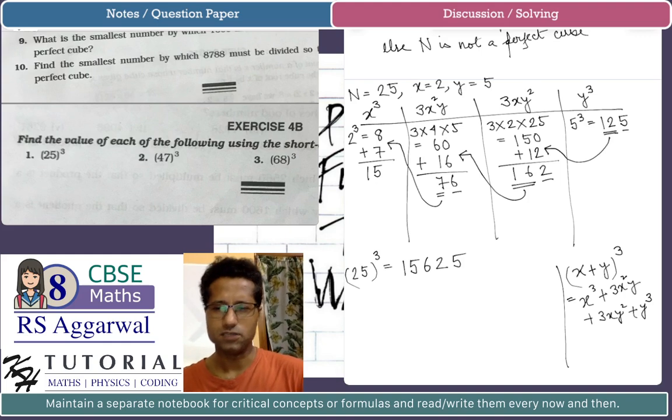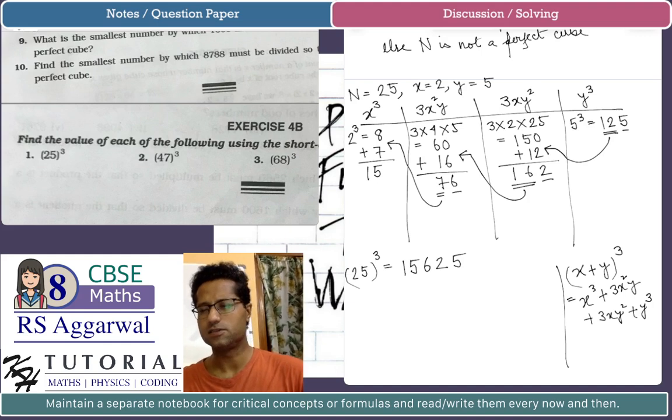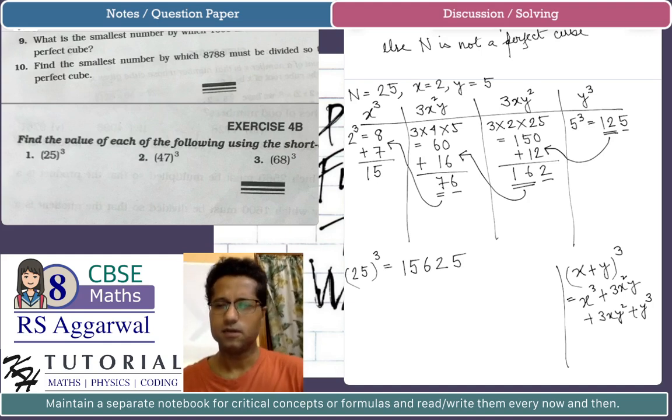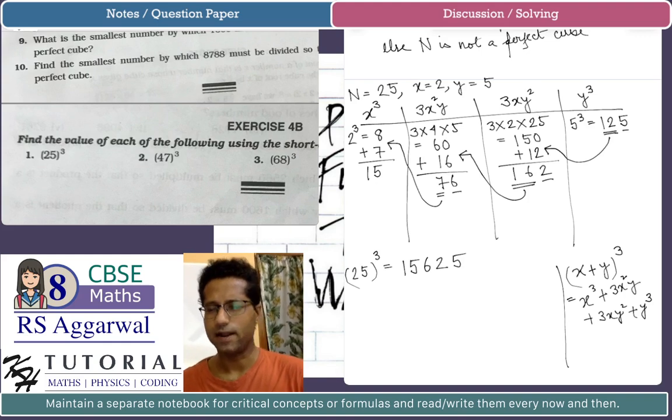So just below the heading, you find the value of x cube, write it down. You find the value of 3x square y, write it down, and then you write the value of 3xy square, write it down, and finally the value of y cube. Now starting from the y cube, that is the fourth column, you mark the units digit in the value of y cube, and if there are any more digits to the left hand side of the units digit, you add those digits as a number to its previous column.